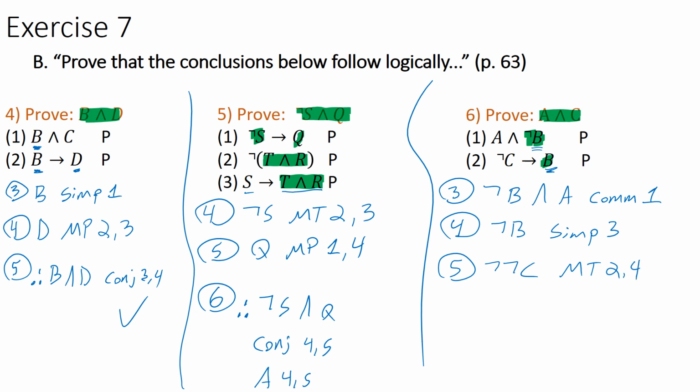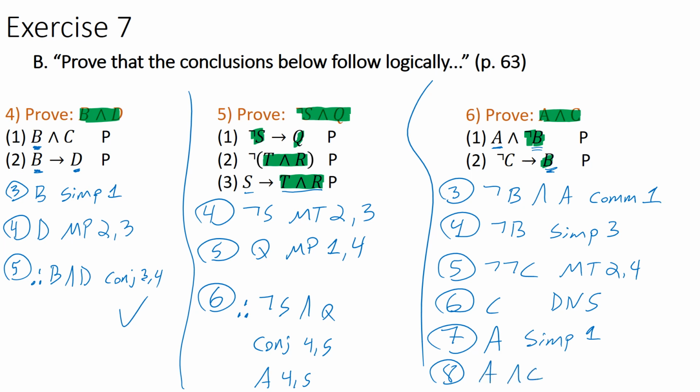Not not C is just C. For 6, we can get C by the double negation rule on 5. And then for 7, we can get, let's see, an A by the simplification of line 1. And then for 8, we can get A and C by the conjunction rule with lines 7 and 6.